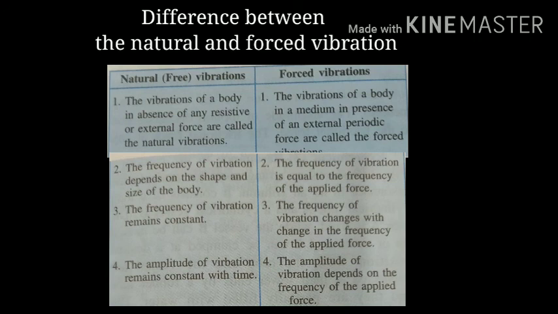And the last point is related to amplitude: in natural vibration the amplitude remains constant with time, as you have seen in the graph of amplitude and time. But in the case of forced vibration, the amplitude of the vibrations depends upon the frequency of the applied force, that is the external force. So this is the difference between natural and forced vibrations.